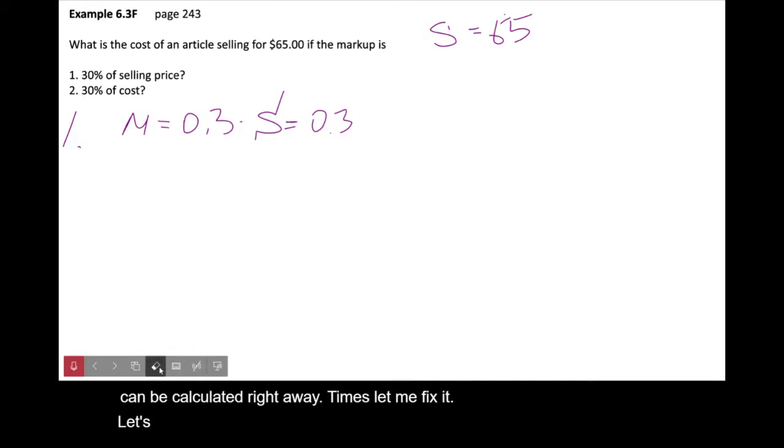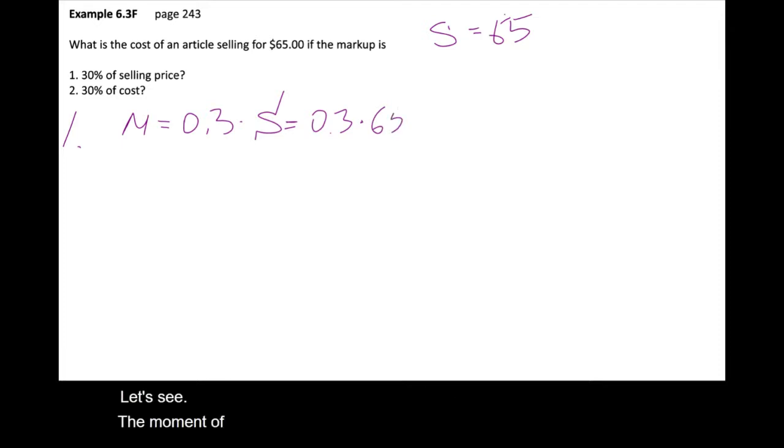The moment of truth, 65. So markup, 0.3 times 65, is 1950.